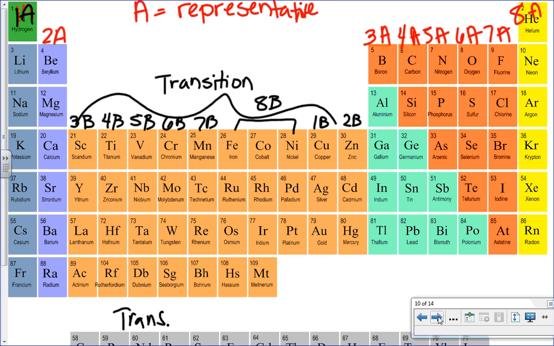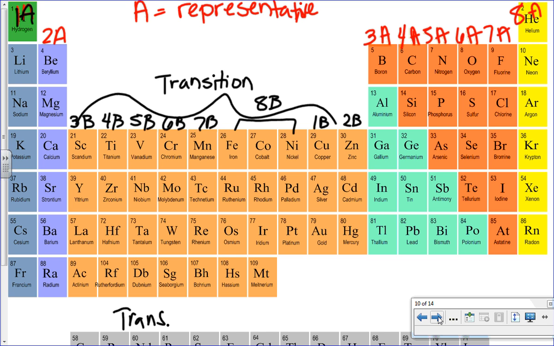There are actually 3 groups that are part of the 8B, and then it starts over again with copper at 1B and 2B. So what you need to know is that if they're in a group that has the letter B, they're called a transition element. If they're in a group with the letter A, they're called a representative element. Representative elements are representative of the trends that we see on the periodic table.